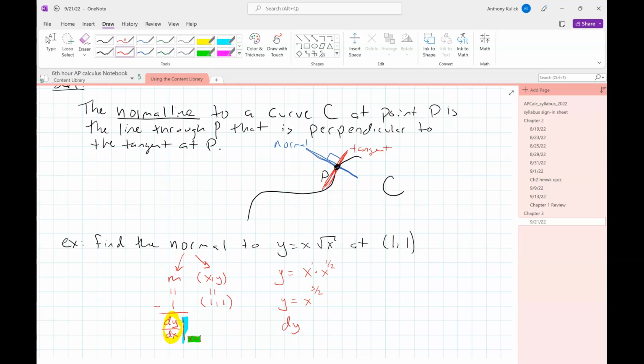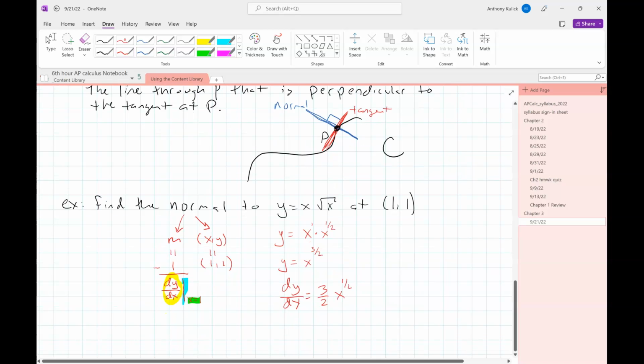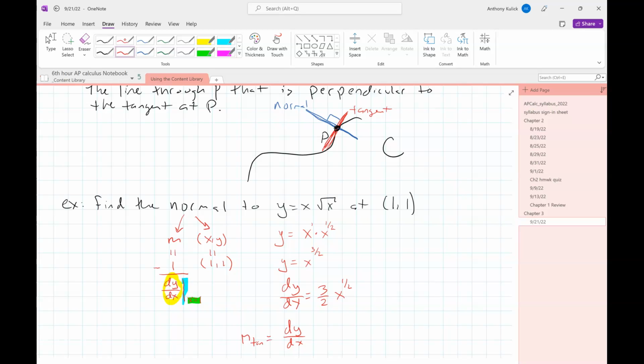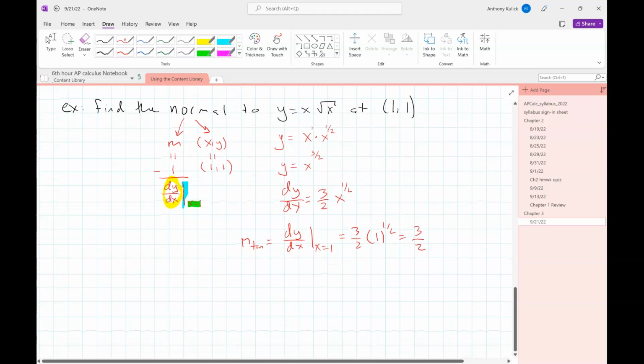Now we can take the derivative, and that gives me 3 over 2 x to the 1/2. And then I know the slope of the tangent line at x equals 1 is just going to be me plugging 1 into that derivative. So I get 3 over 2. Everybody's cool with that?